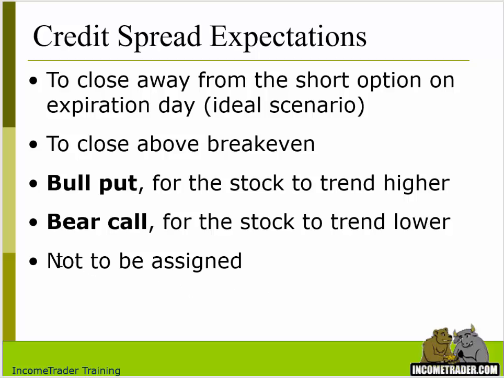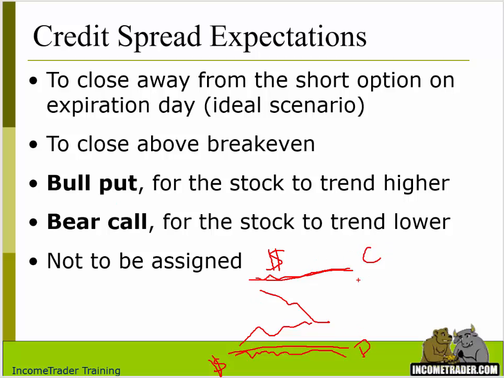If we could find a stock that's potentially headed lower, we could sell some calls up here, and if we could find a stock that's maybe headed higher than this range, we could sell some puts here. These are called credit spreads. What we're doing is bringing in a premium if the stock does not go above this pattern, and then we would bring in a premium if the stock does not go below this pattern. These would be calls and these would be puts. Individually, one is called a bear call spread and this one is called a bull put spread.